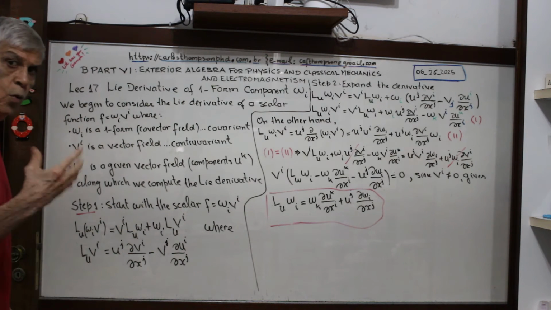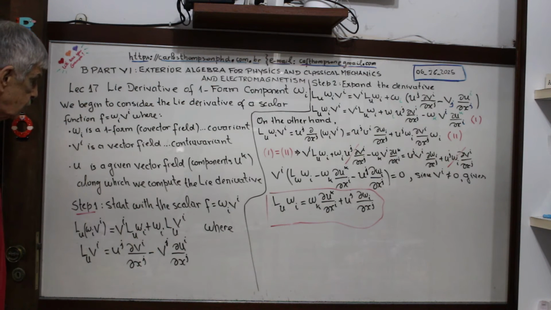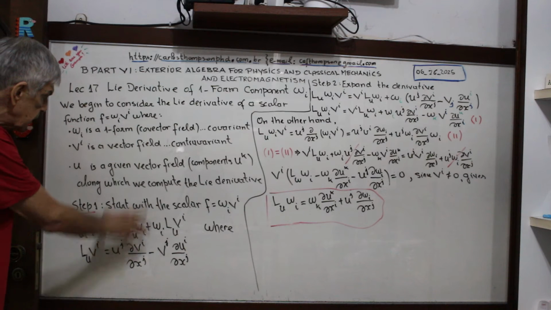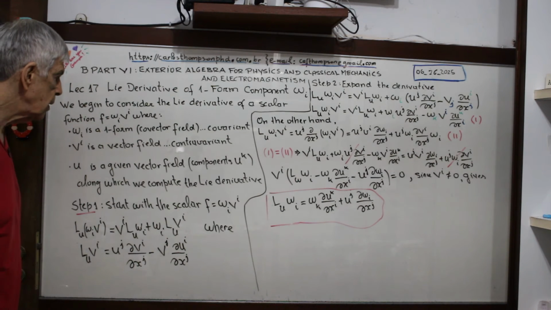Omega_i is a dual, a covector. I'm repeating this definition, what we did before, just for you to see.